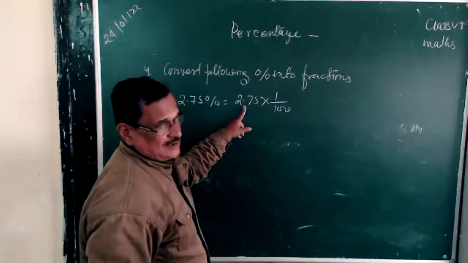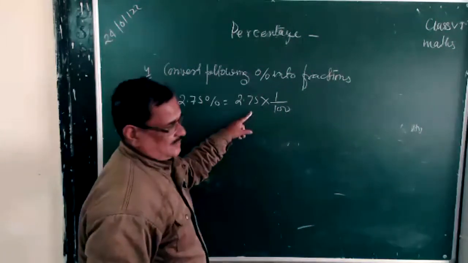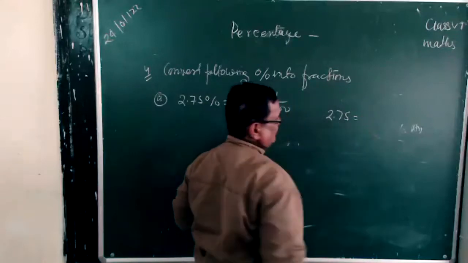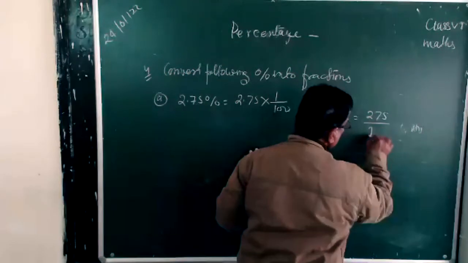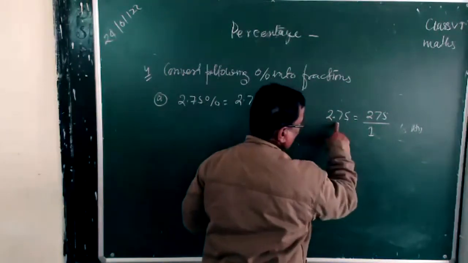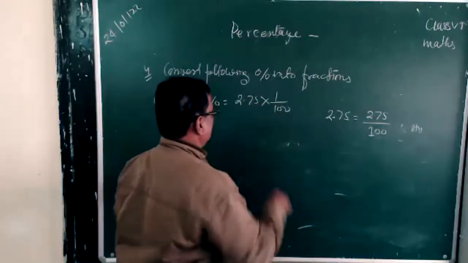To convert 2.75, write 275 down and write 1. How many digits after the decimal? 2 digits. Then after 1, add 2 zeros.